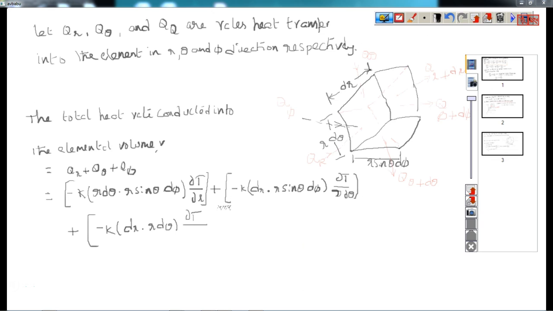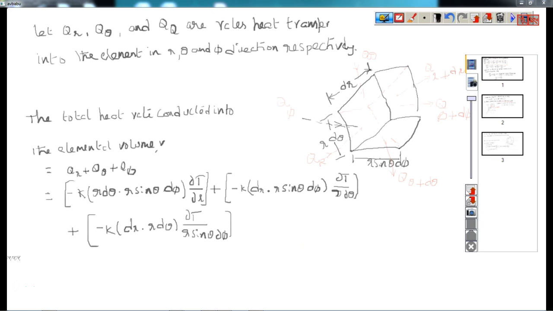Therefore dou t by r sin theta dou phi. Okay, clear? So this is the case in which is heat rates which enter into the elemental element.